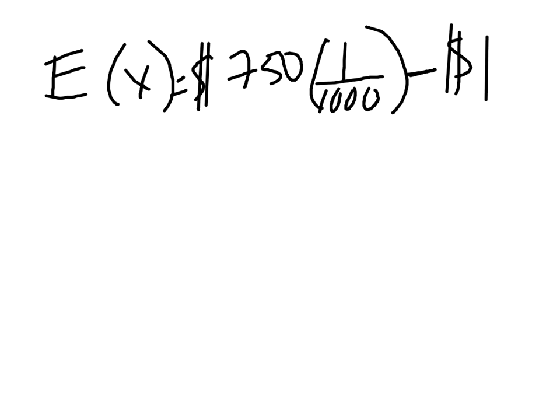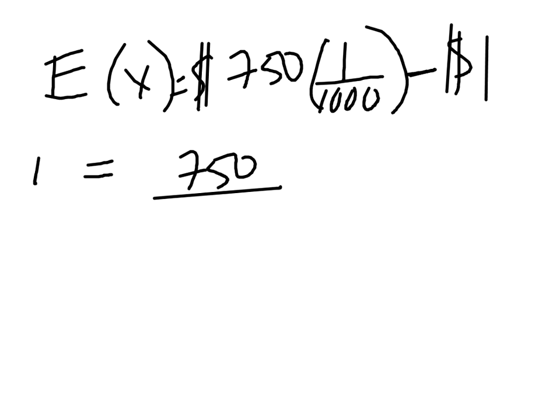Okay, so we're not breaking it down into two parts now. We're just taking the amount that the TV is worth times your probability of winning it, and subtracting the $1 that you paid for the game.